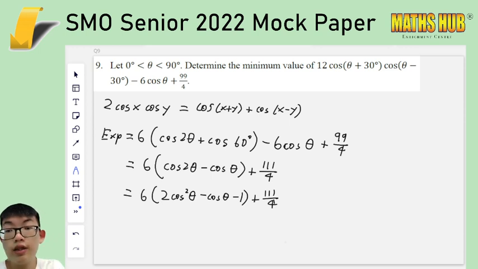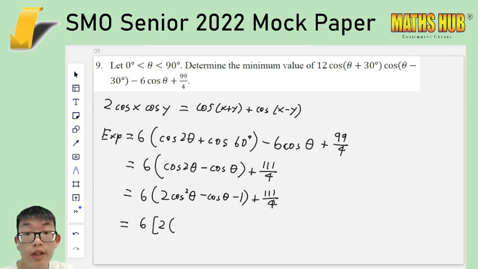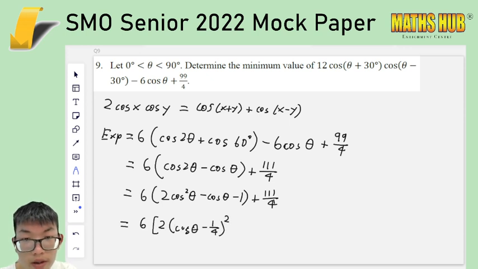And then you can complete the square on the inside. So when you divide by 2, you would have cosine theta minus 1/4 squared minus 9/8.